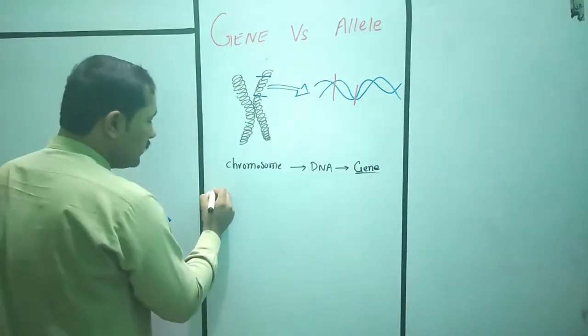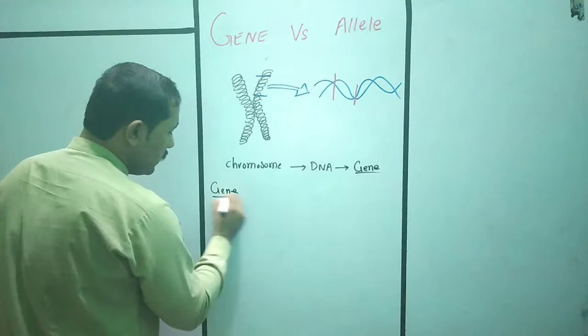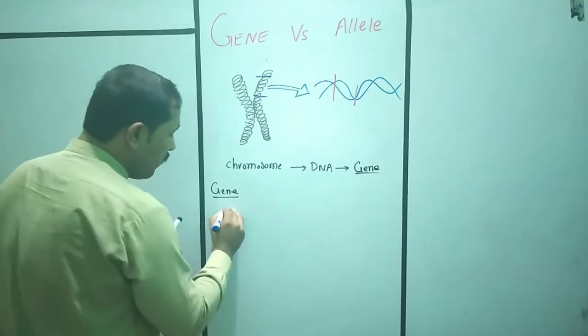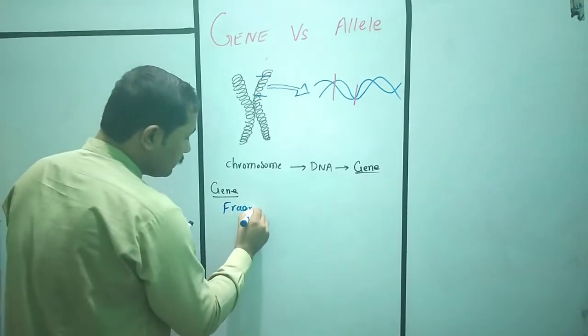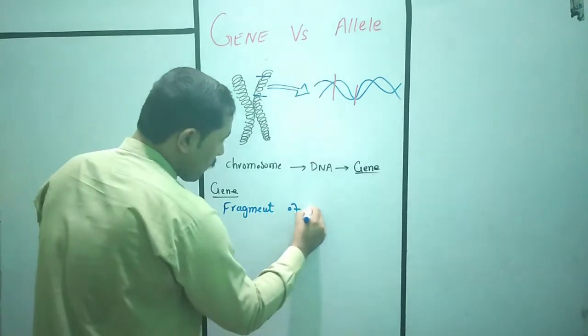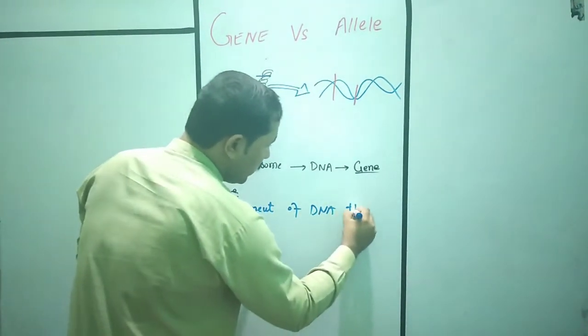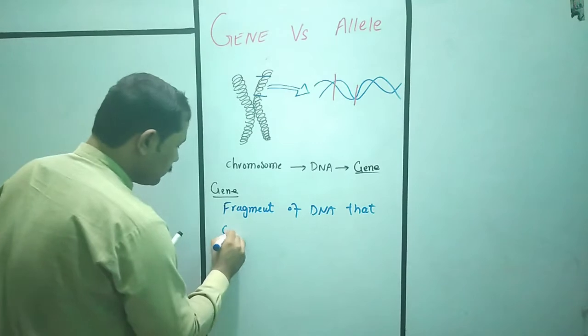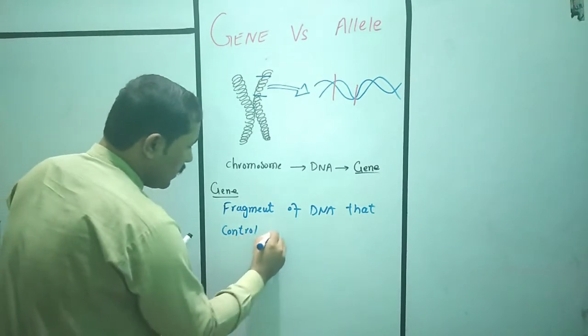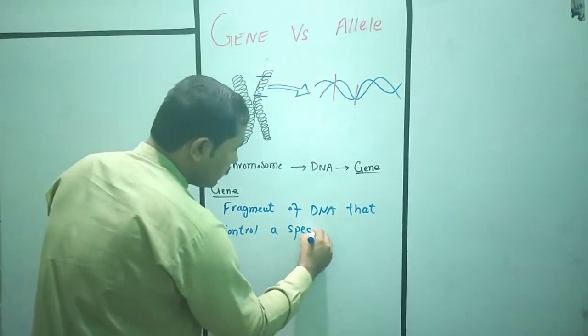So what is a gene? A gene is actually a fragment of DNA that controls a specific character.